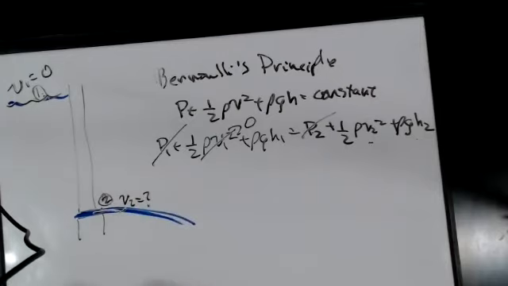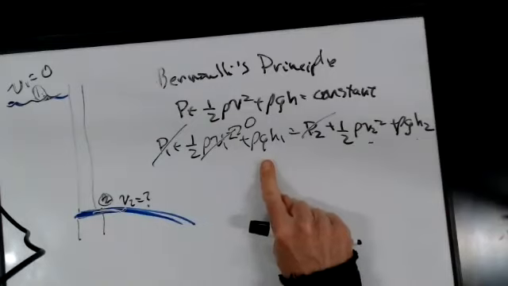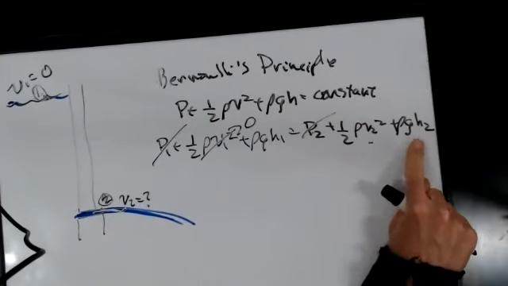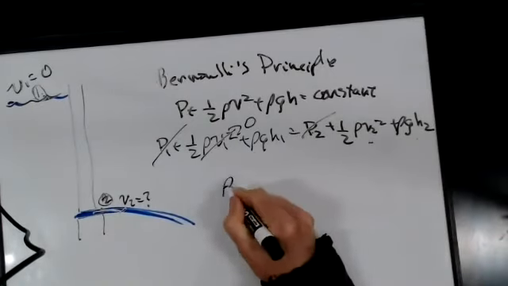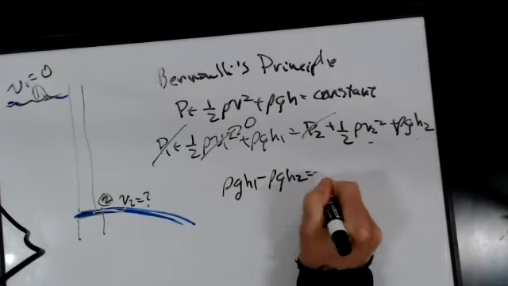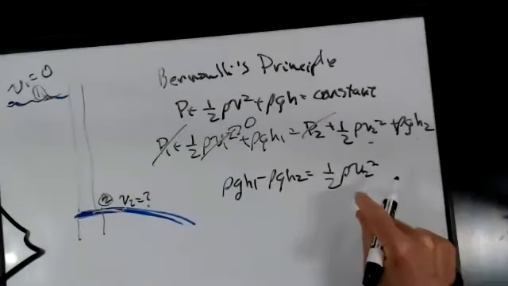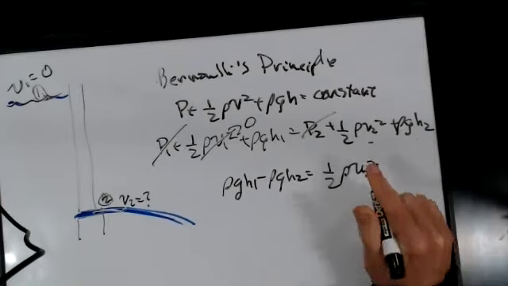Yes. And so I'm left with 3 terms, this one, and this one. And so I'm gonna move this one over to the other side, and I'm gonna say rho G H1 minus rho G H2 is equal to 1/2 rho V2 squared, where V2 is the thing I'm after, right?